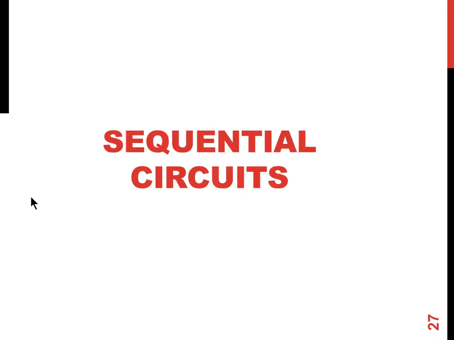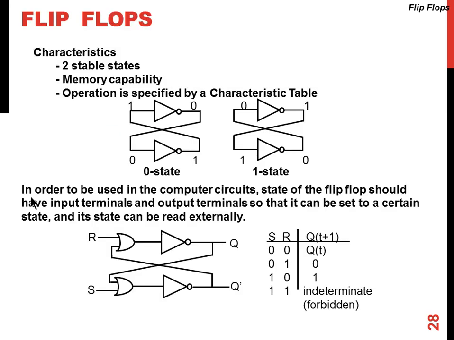So that was a quick refresher of combinational circuits of digital design. We will also look at the sequential circuit part of digital design. The basic sequential circuit we can look at is a flip flop, and latches and flip flops for that matter.